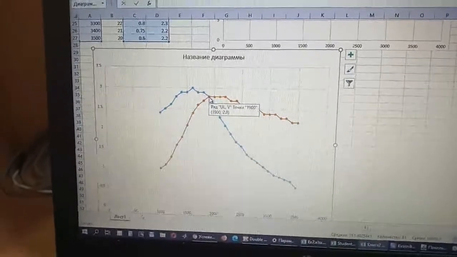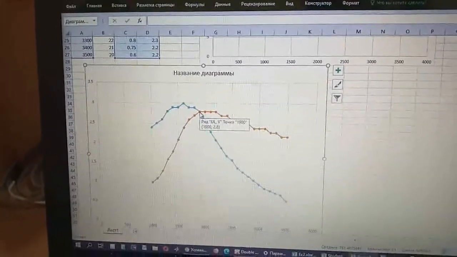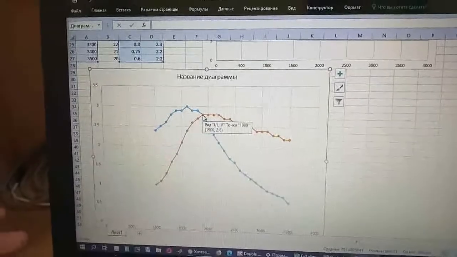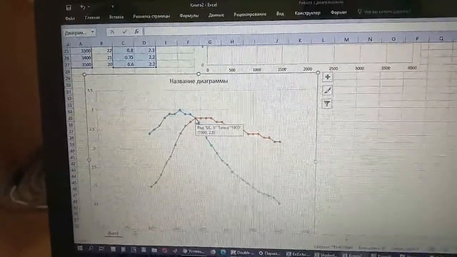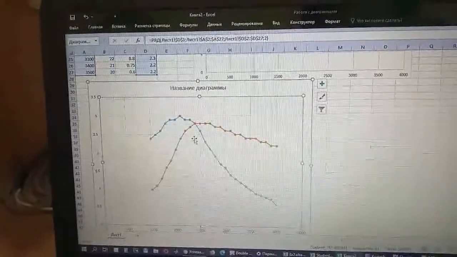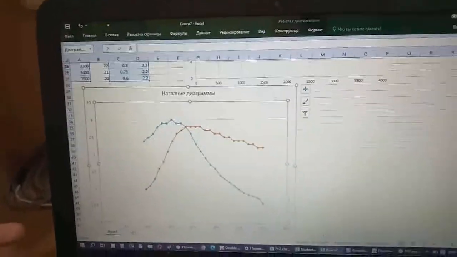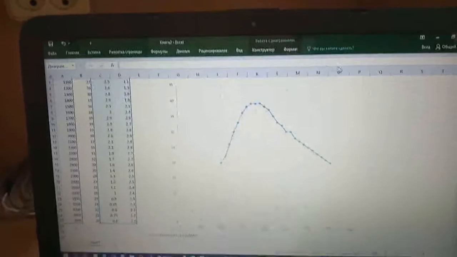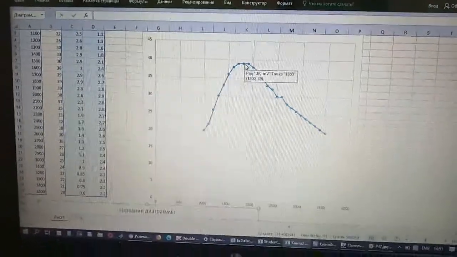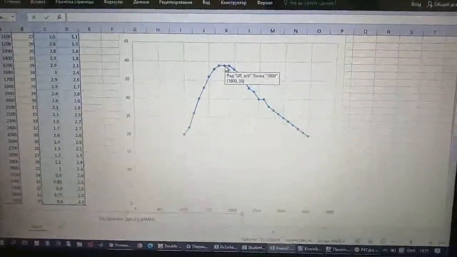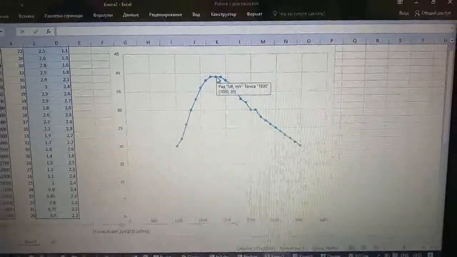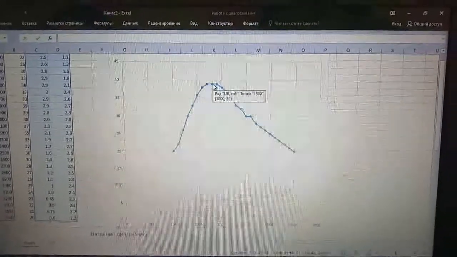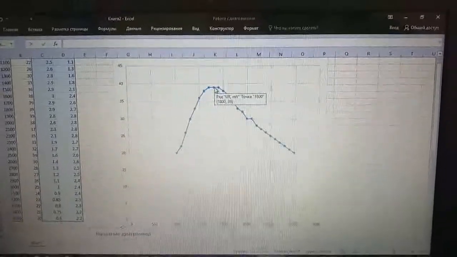So if we determine resonance frequency from these two graphs, we should say that the resonance frequency should be 1900, and it is close to the result obtained before from the graph of voltage on resistance, where it was 1800. So we can fill now the second table.